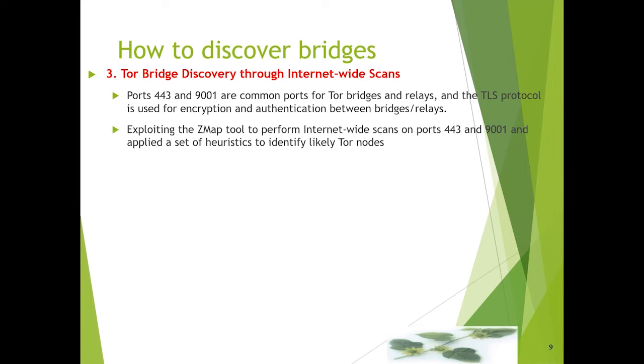For hosts with one of these ports open, they performed a TLS handshake using the specific cipher suites supported by Tor's v2 handshake. The advantage of the above method is that there is no need to deploy malicious Tor relay nodes.